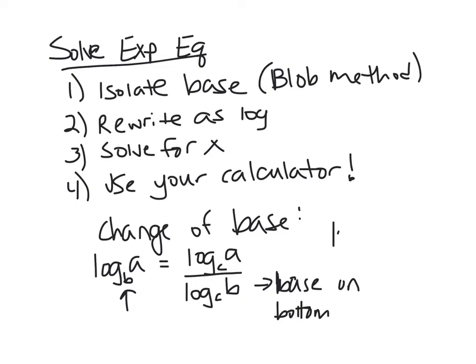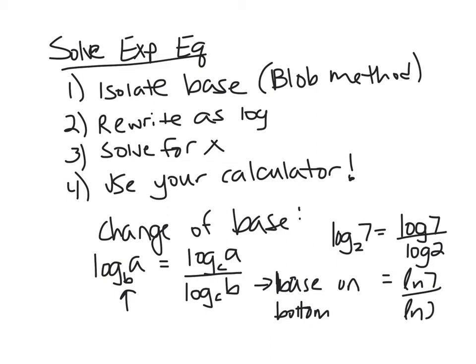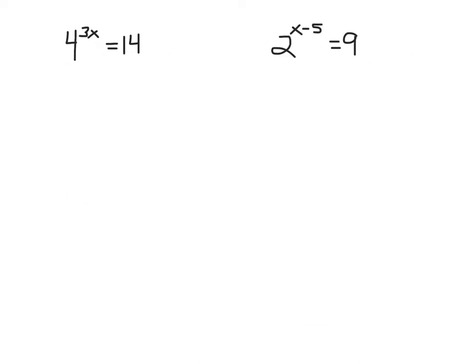All this means is if I have something like log base 2 of 7, I could rewrite that as log of 7 over log of 2, or if you want, natural log of 7 over natural log of 2. This is true for any base, but we go with log or natural log because that is something on our calculator.